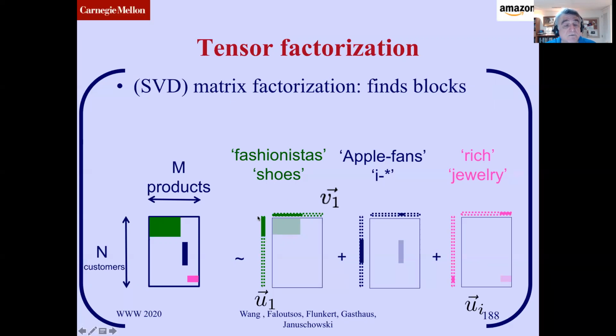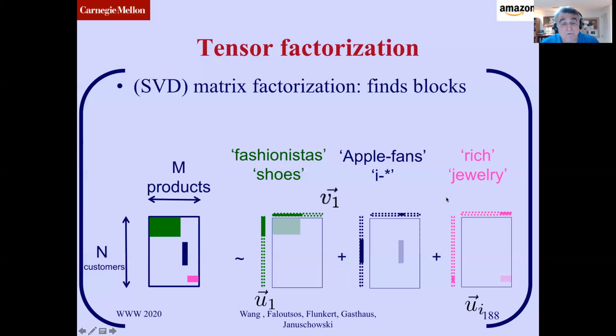Correspond means that this vector will have zeros almost everywhere except for the people who like shoes, who are fashion aware. And this vector will have zeros everywhere except for the place that correspond to fashion products, shoes and so on. The same for the blue blob, Apple fans and Apple products, affluent people and jewelry products, right?